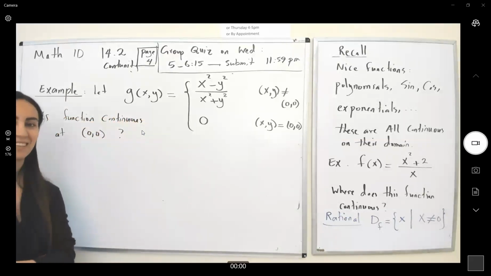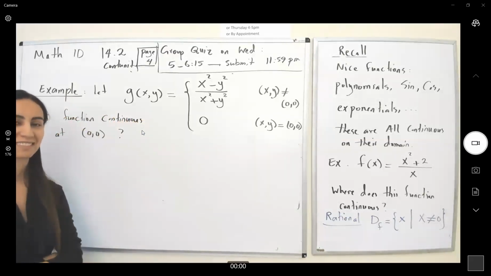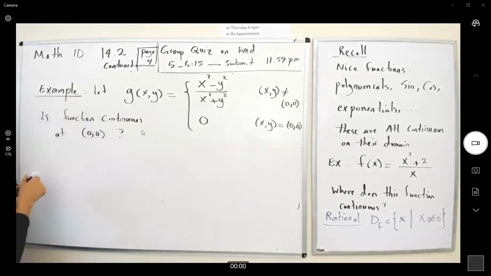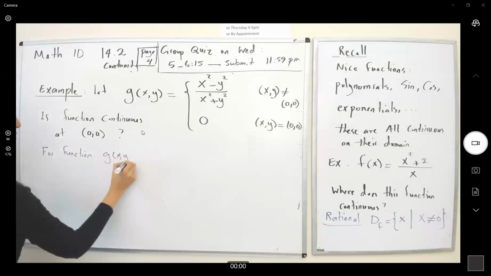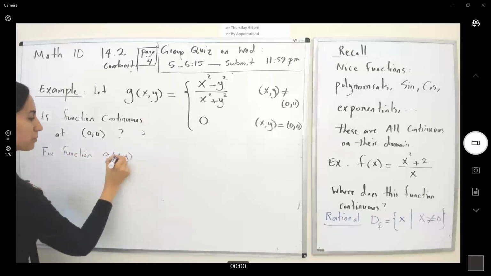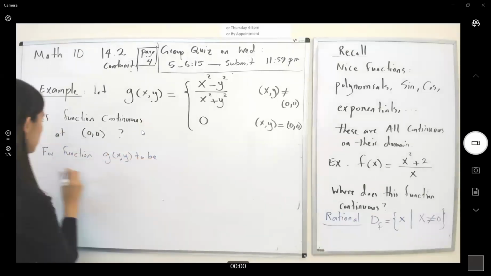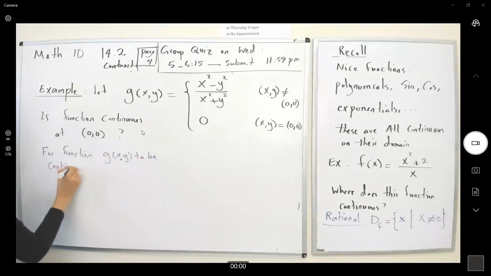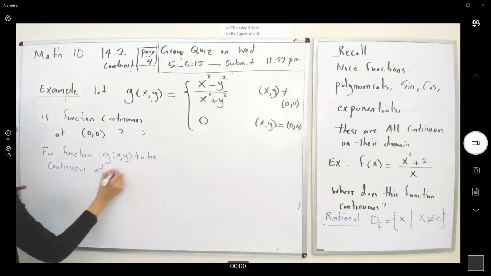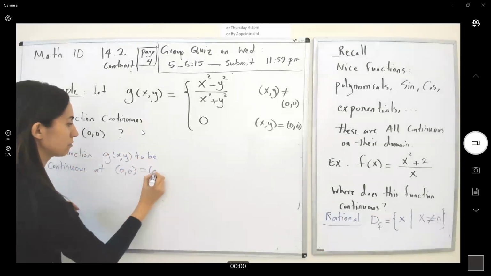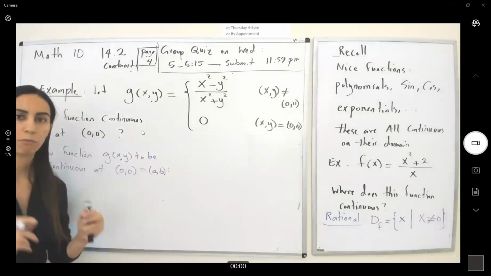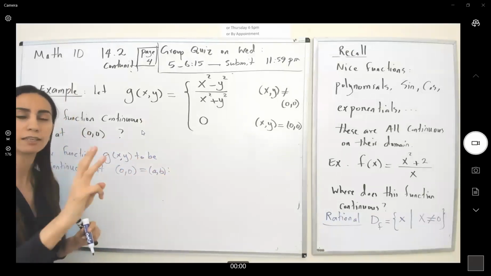Continuity, 3 conditions. Let us start checking those conditions. For function g to be continuous at 0 and 0, which in this case is your a and b, we must check 3 different conditions.